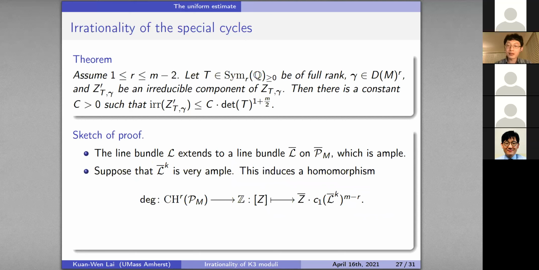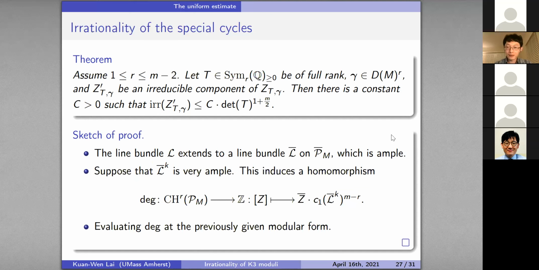Then you can define a homomorphism, the degree function, like in the Heegner divisor case. You take a cycle to the degree of its compactification under this very ample divisor. Okay, so we have this homomorphism.